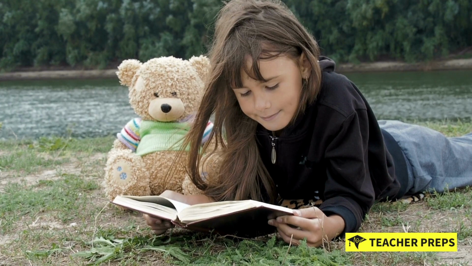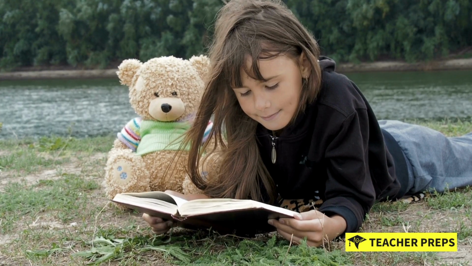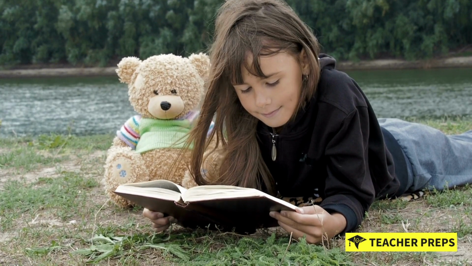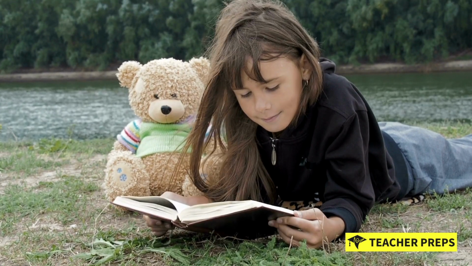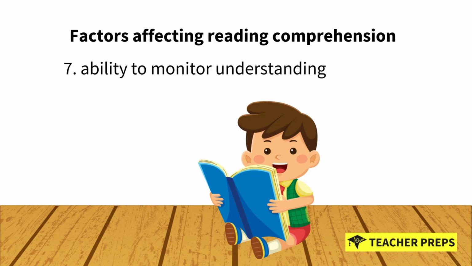The ability to monitor understanding is a key self-regulation skill for students in grades 4 through 6. When students actively check their comprehension while reading, they can identify areas of confusion and seek clarification, thus enhancing their overall grasp of the text that they're reading.